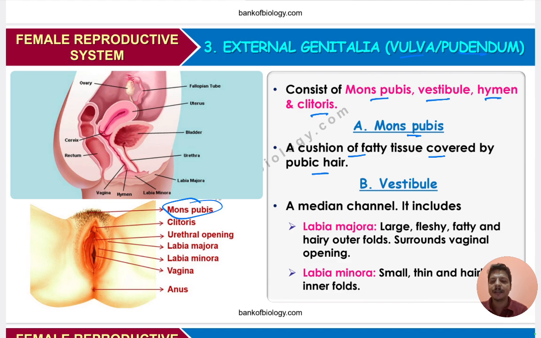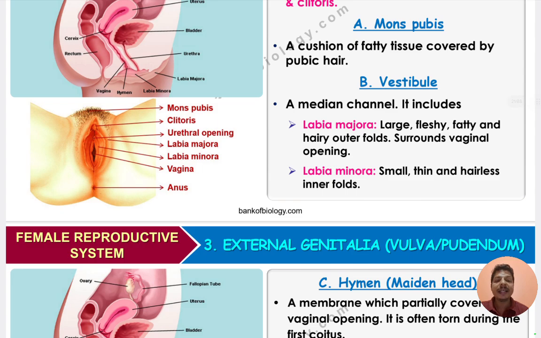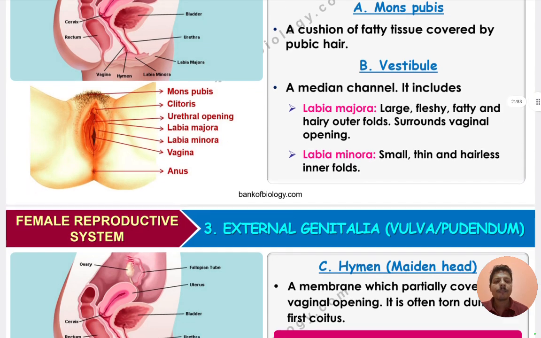Coming to the vestibule, a median channel, it includes the labia majora, the large, fleshy, fatty and hairy outer folds that surround the vaginal opening, and the labia minora, small, thin and hairless inner folds.